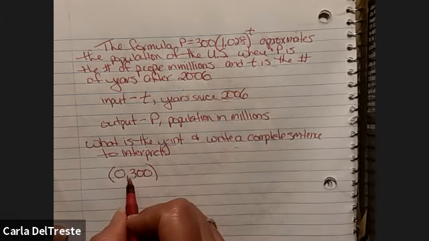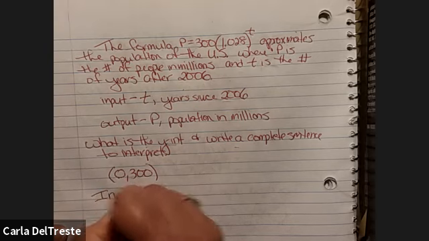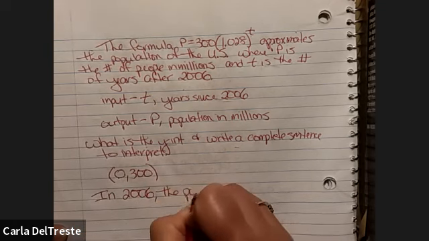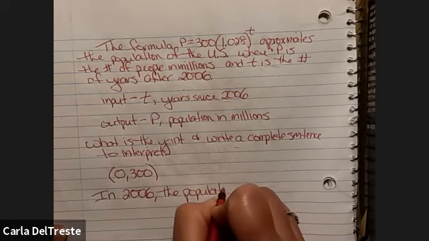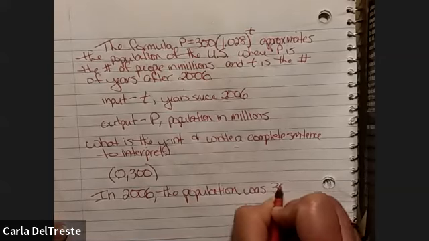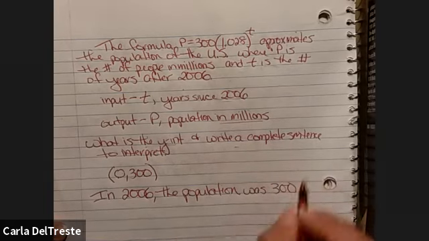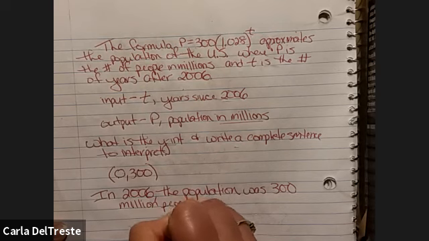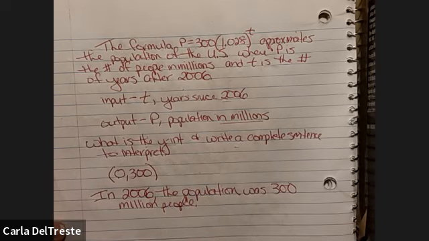If it's 0 years since 2006, then we must be in 2006. So we're going to say in 2006, the population, because that's what output represents, was 300 million people. Okay, and there's your interpretation.